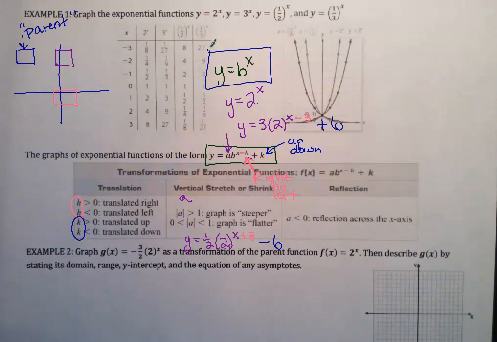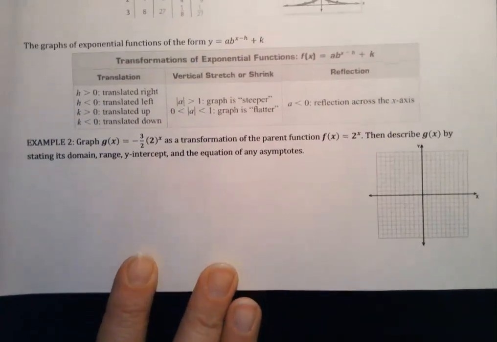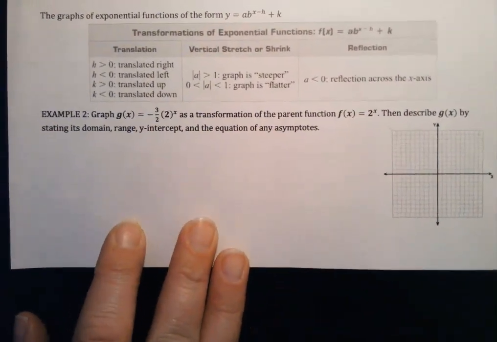The h and the k, after we solve for the ab to the power of x part, the other things we can just move around. Okay, so a is one we have to solve for. Yes. That's the thing that I was most confused over. Like, how do you know how much steeper, how much flatter? Yep, that's one we have to really solve for.